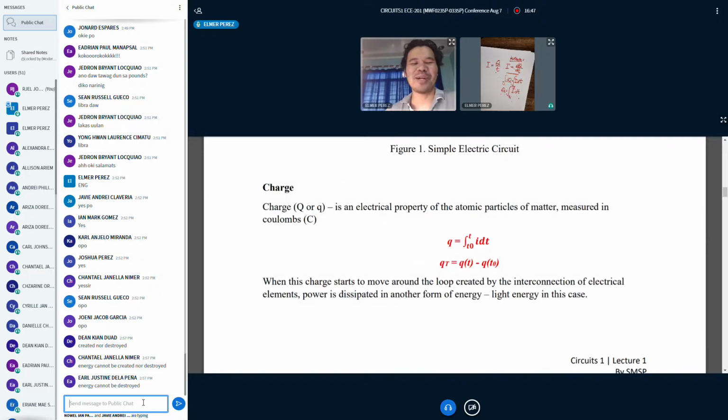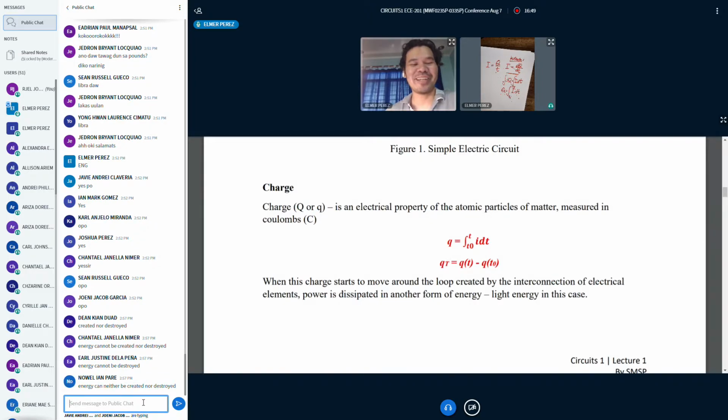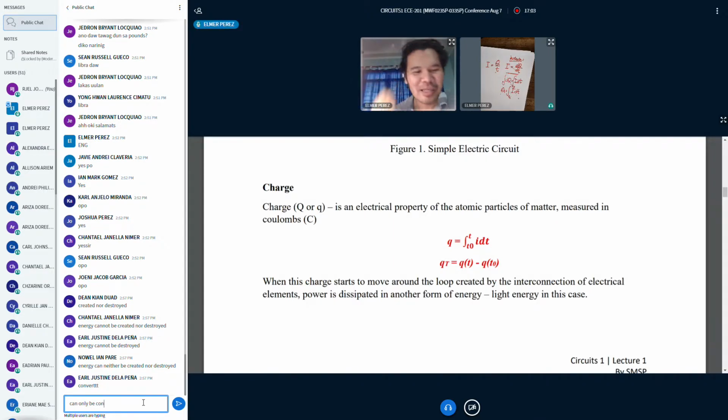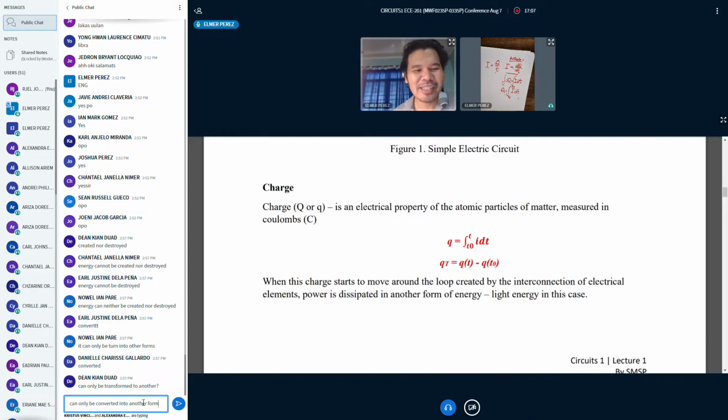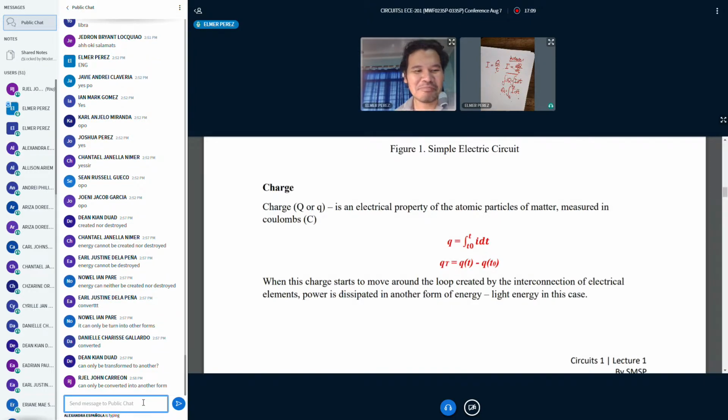Okay, so a part of the definition, you are correct, Chantel, that energy can't be created or destroyed. But may kasunod siya. Ano yung kasunod? Noel, be careful. Neither. Okay.